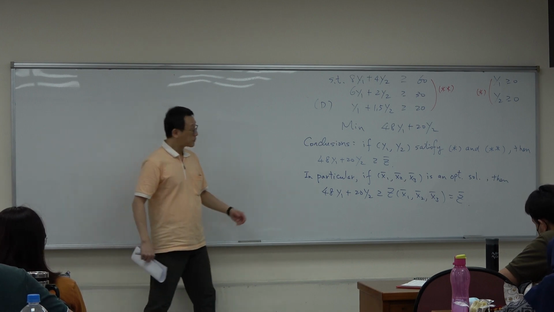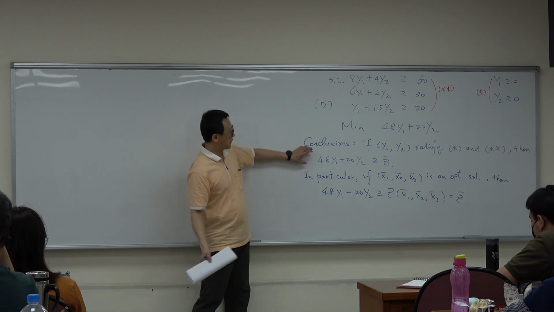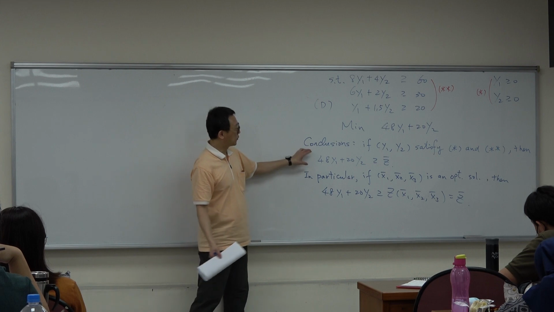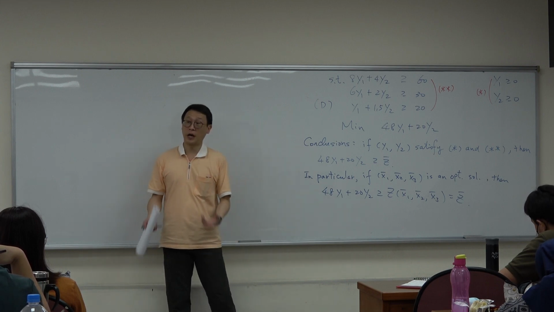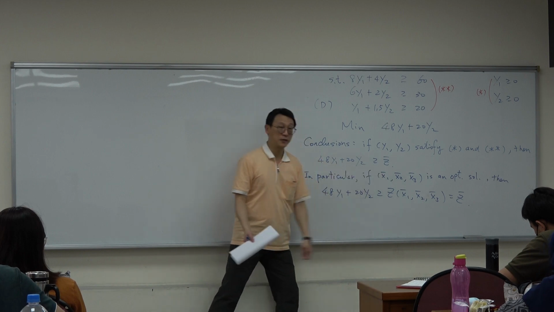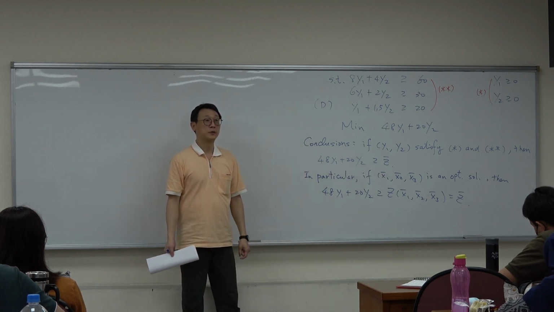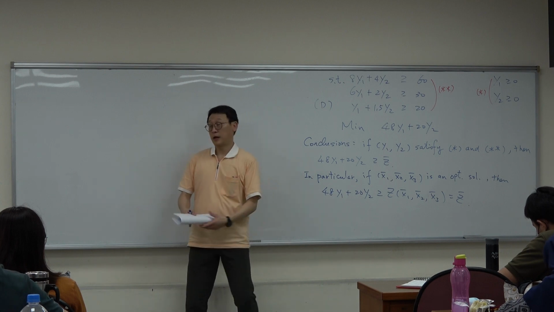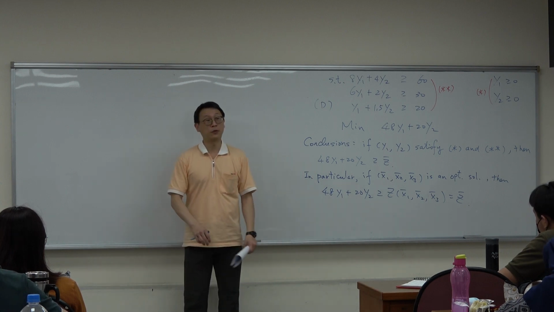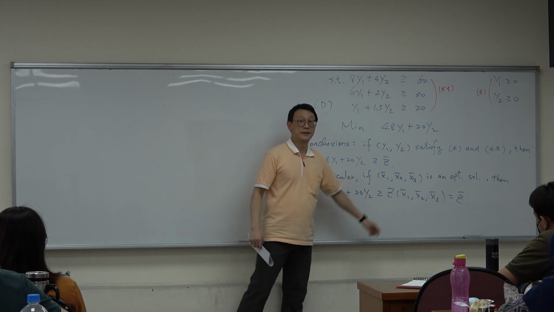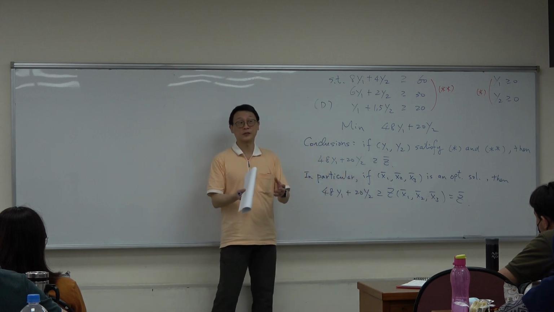Right now, based on this discussion, we only know that 48 y1 plus 20 y2 is the upper bound of our z value. Okay. So that's what we say. I give you the primal problem. We cannot find it directly, and I want to utilize this discussion.